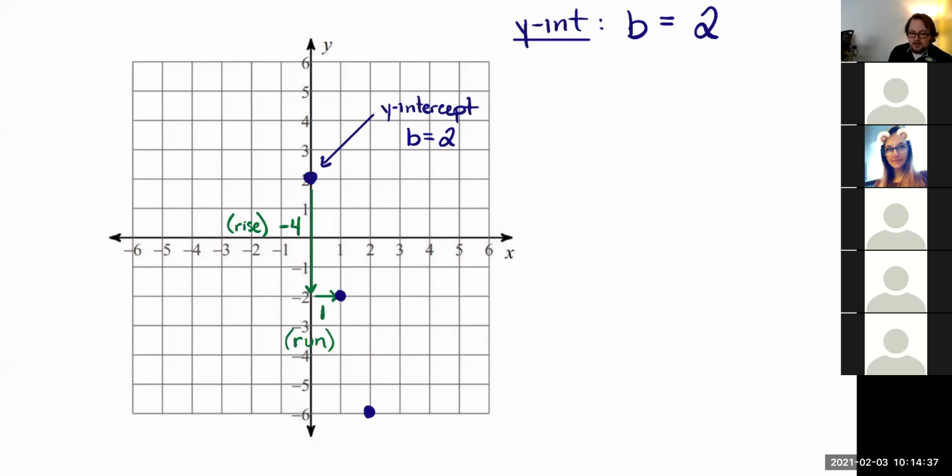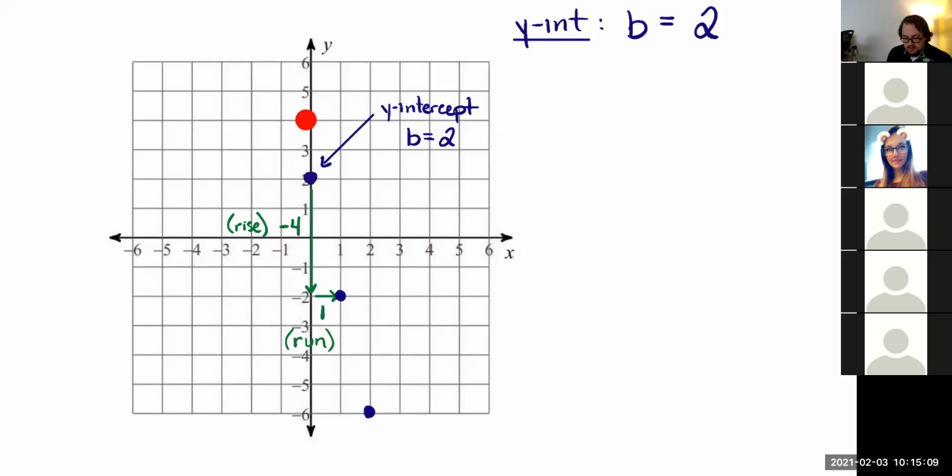Now, one trick I didn't show you explicitly yet, but some of you may be guessing at it. Technically, I could do this backwards so long as I did the exact opposite. If I were to retrace my steps, but still think of it as rise over run, I could go up 1, 2, 3, 4, which would technically be positive, but I would get the negative by going left 1. Up 1, 2, 3, 4, left 1.